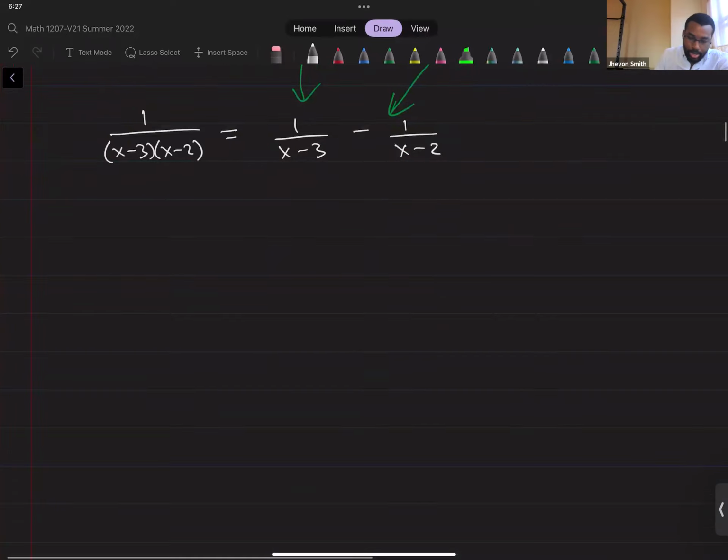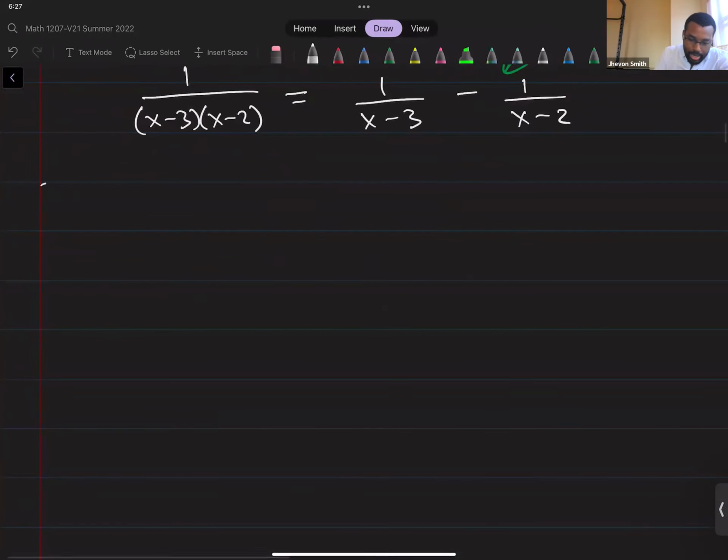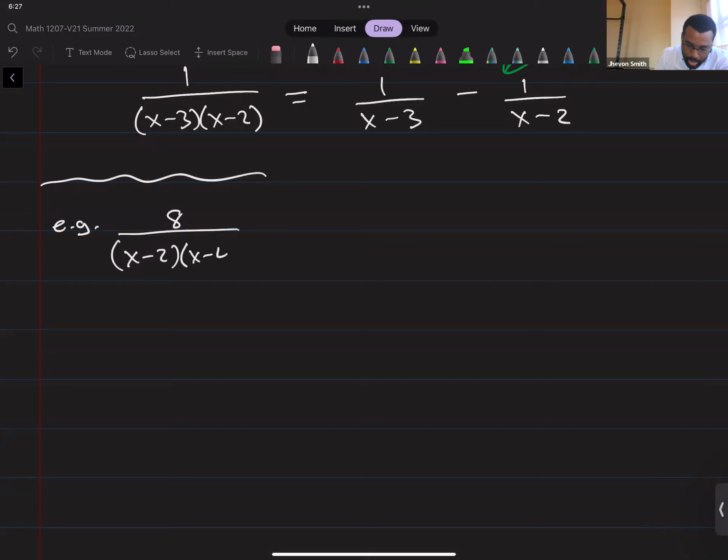Let's do another example quickly so that you can see it. Suppose I told you something like 8 divided by x minus 2 times x minus 4. We know that this would break down into A over x minus 2 plus B over x minus 4.